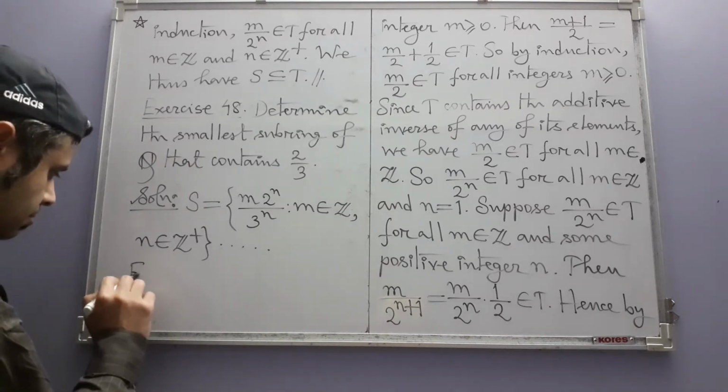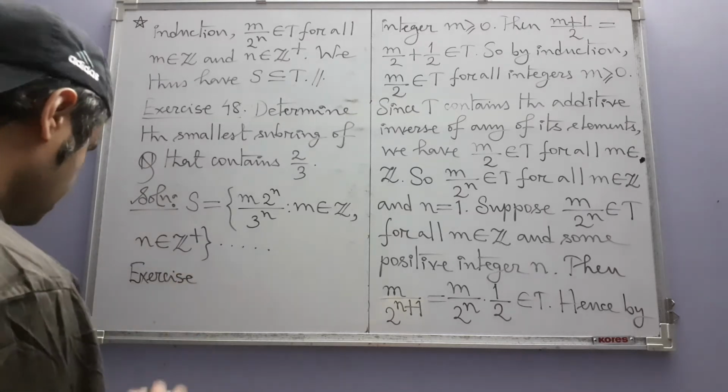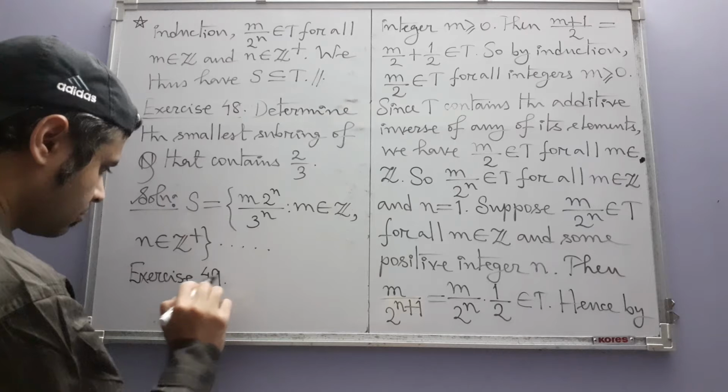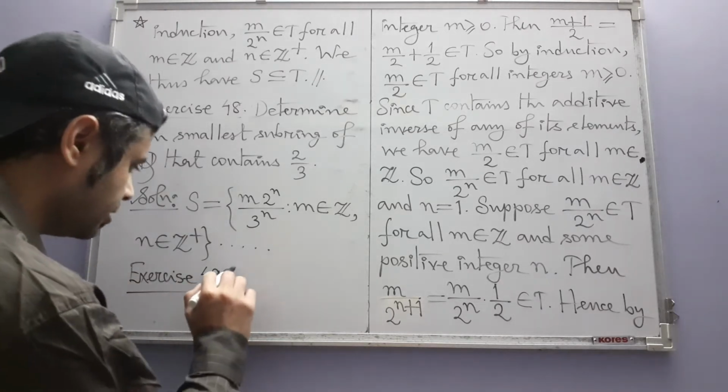Let's move on. Exercise 49: let R be a ring.